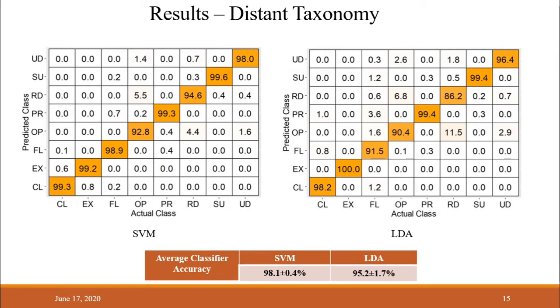For example, the leftmost column for the SVM results shows that 99.3% of the test samples corresponding to motion class close were correctly classified, while 0.6% were incorrectly classified as extension and 0.1% were incorrectly classified as flexion motion class.